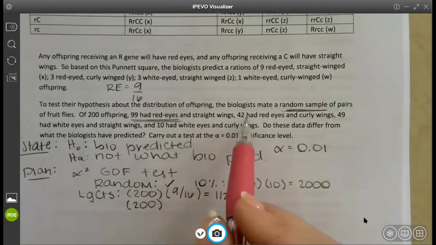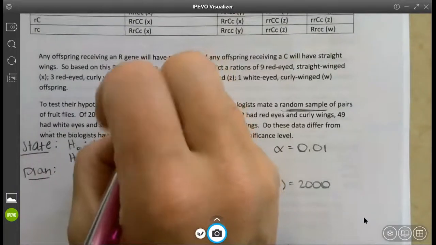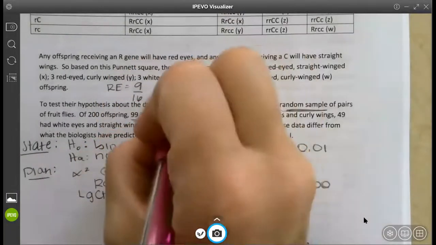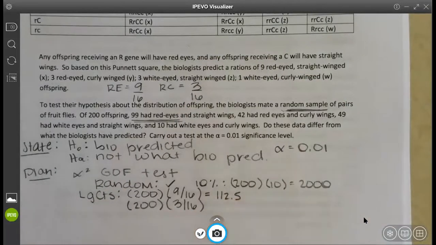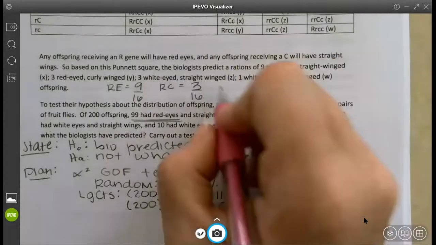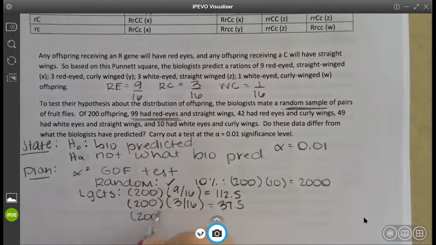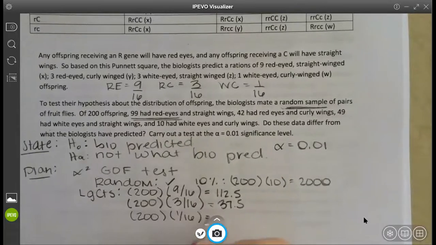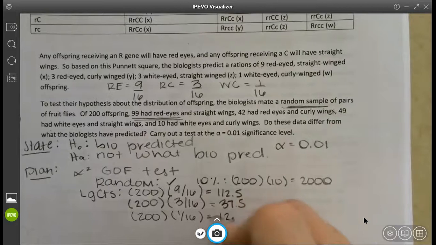Then we have red eyes and curly wings, which was 3 out of 16. So 200 times 3 out of 16 is 37.5. We had white-eyed curly wings, 1 out of 16, which gives you 12.5.